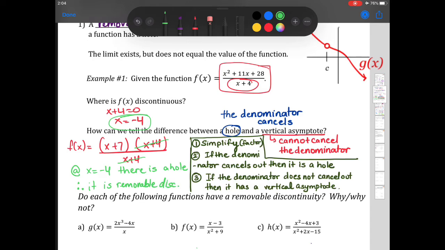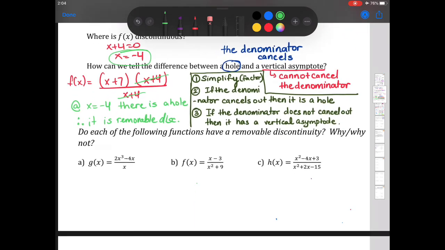Again, if you're able to cancel out the denominator with something in the numerator, which we did in this question, then there is a hole, and that means it's removable discontinuity. That's where the word removable comes from, that you were able to remove the discontinuity. And if you were not able to, then it would be a vertical asymptote, and we'll see more questions along the way.